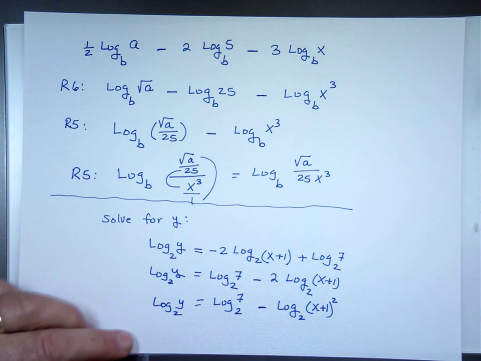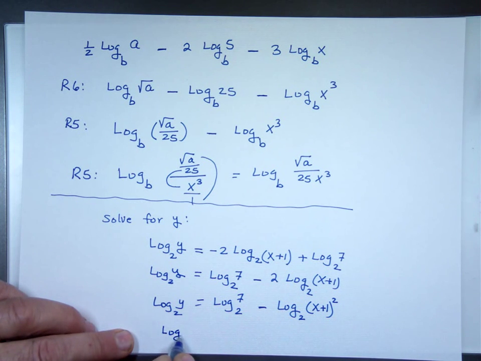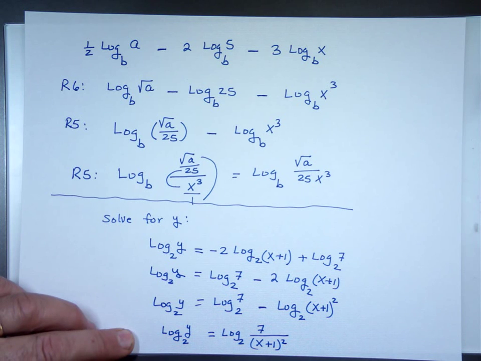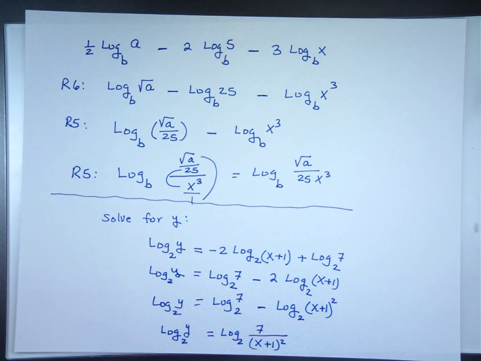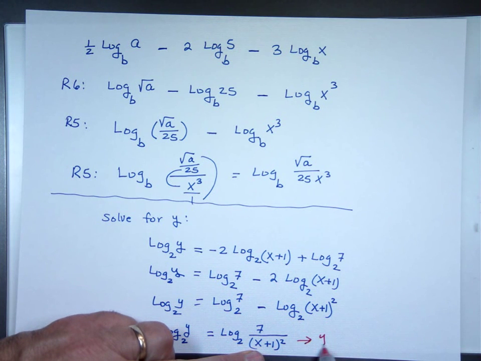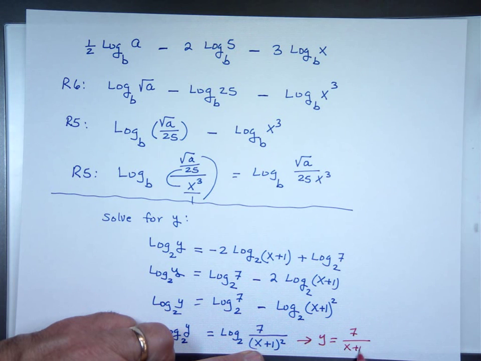This will be log y base 2 equals subtraction, that used to be 7 over x plus 1 squared. I'm looking for y. It says solve for y. Well, this side equals that. We have the log on both sides. We have the base the same on both sides. The only way the two will equal each other is if y equals 7 over x plus 1 squared. That is the only way.